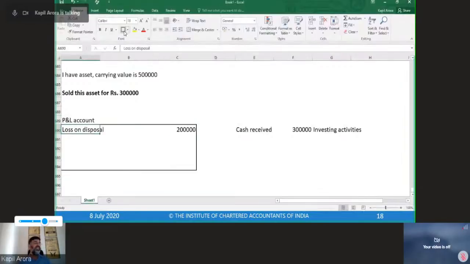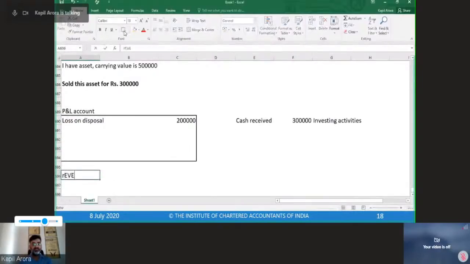So the loss has nothing to do here. When following the indirect method, the loss will be reversed in operating activities.